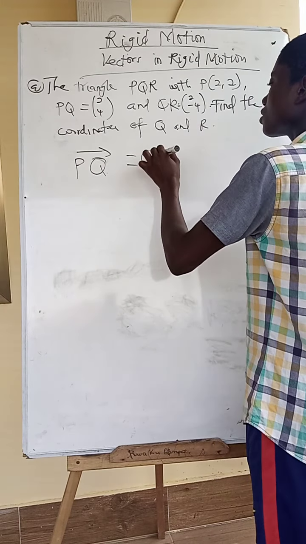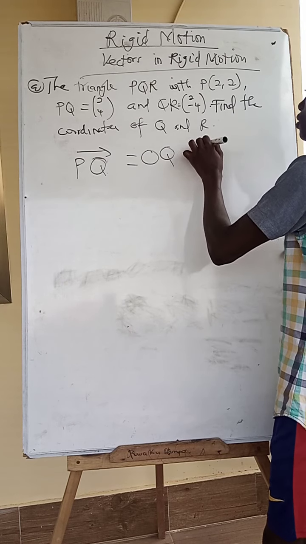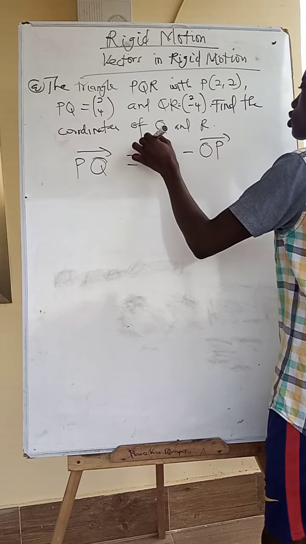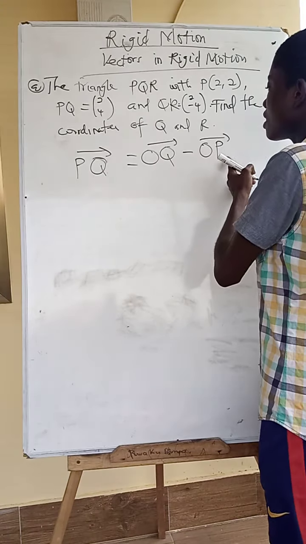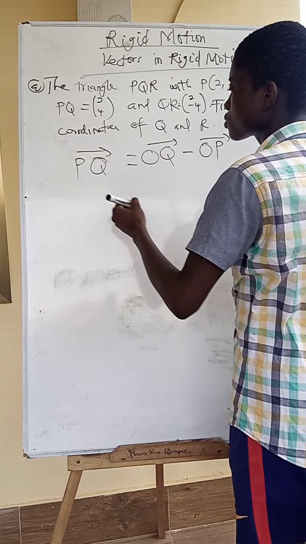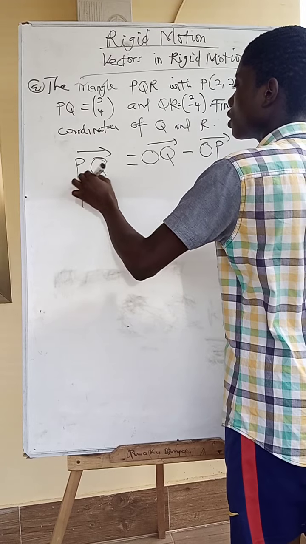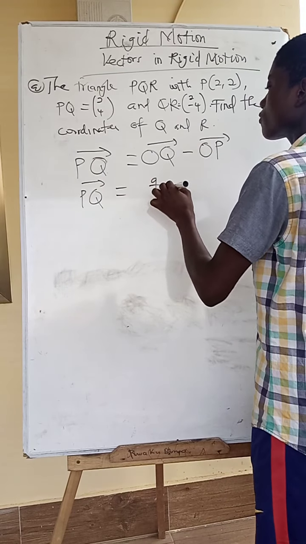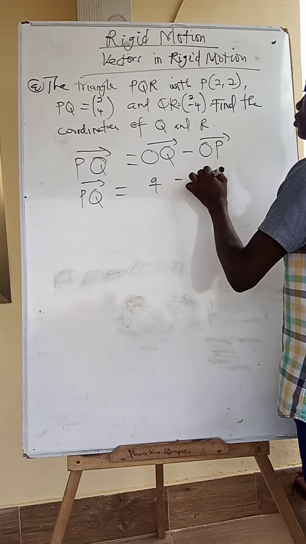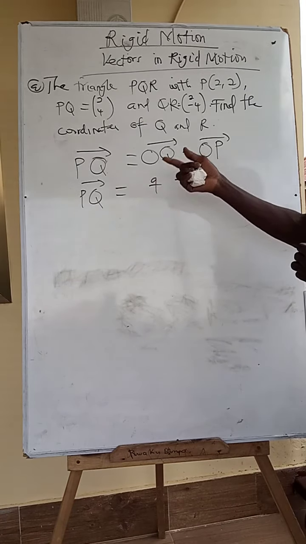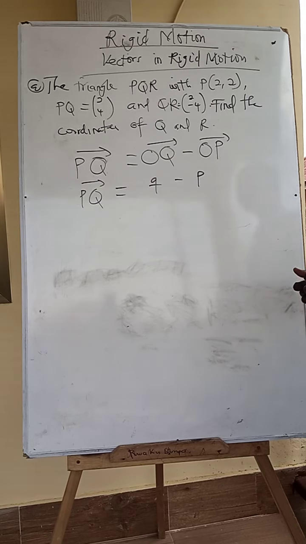It is always the origin O minus, O minus P. So it is always the last one minus the previous one. We always use small letters for the vector. So OQ is Q minus P. You get it?